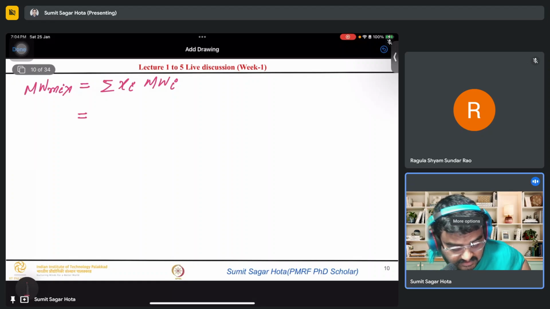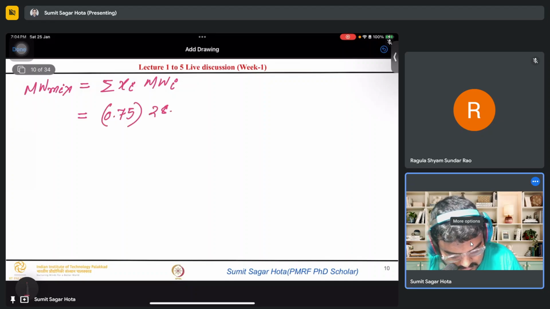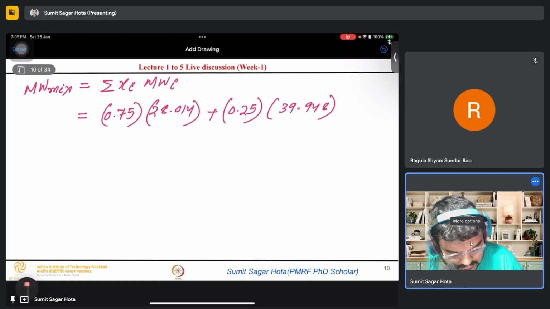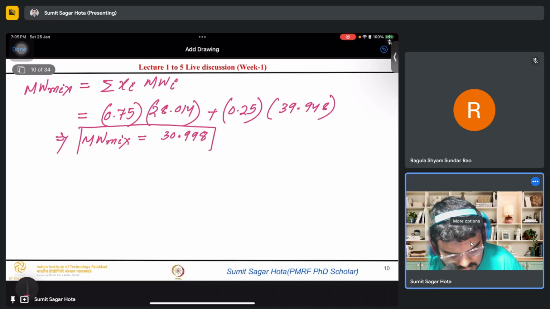Now you just need to substitute and find the molecular weight of the mixture. We calculate, and it comes out to be somewhat 30.99.